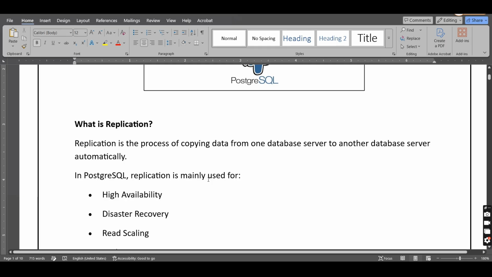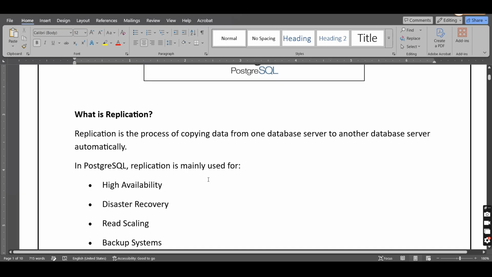Replication is mainly used for high availability. If your primary instance goes down, the secondary standby instance will handle the traffic, the read and write operations. Then disaster recovery: if your primary DB is not in the active state for some reason, you will move your traffic to your standby instance.